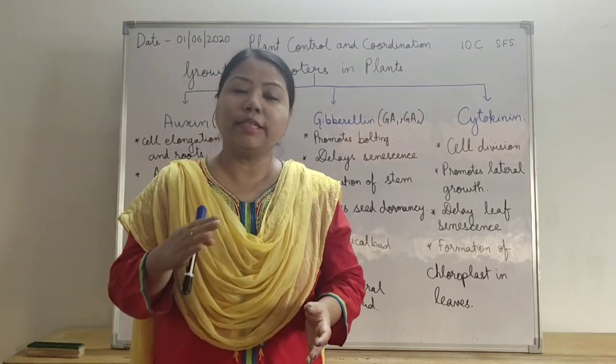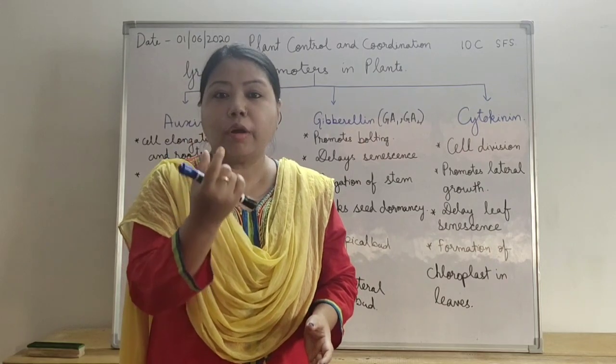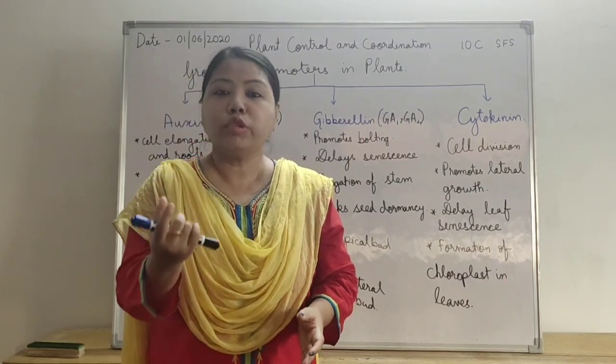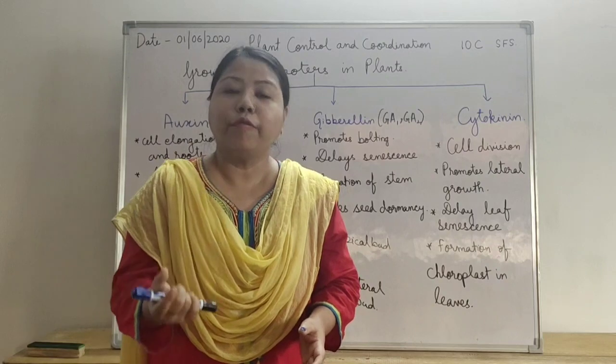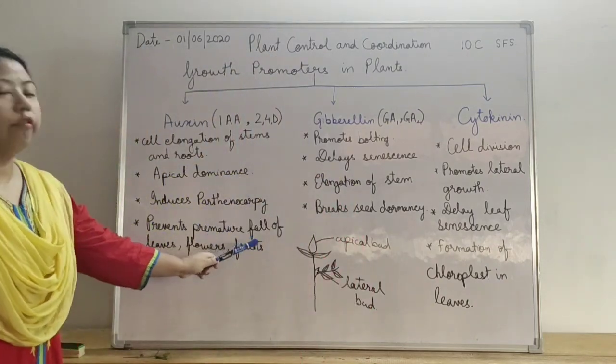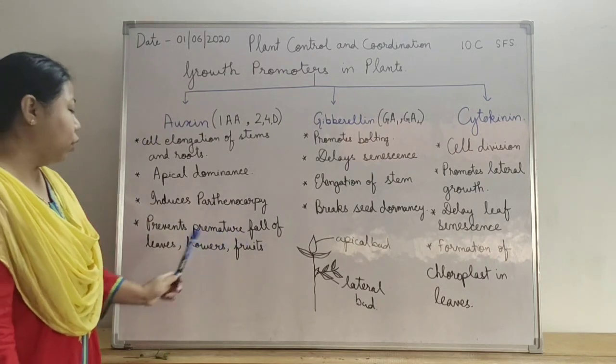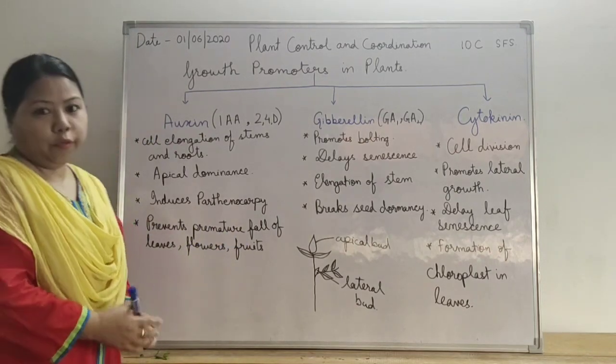But sometimes it is seen that the green leaves and the premature flowers or the fruits which are not ripe, they fall before time. Yes, so that is called premature falling. Right? So auxin prevents the premature fall of leaves, flowers and fruits.